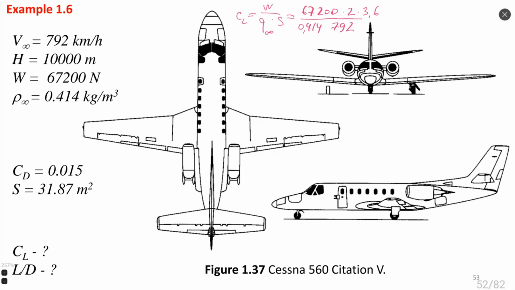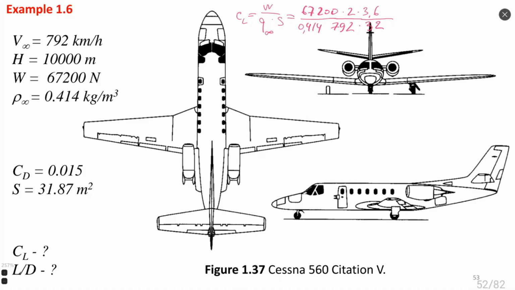I hope it's correct. And we forgot to write the area. It's 3187. I will use 32 square meters. Multiply by 32. Let's see. I hope it will be correct. No. It's squared. It's squared.